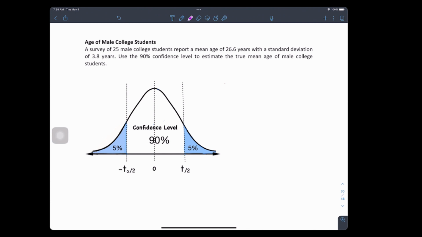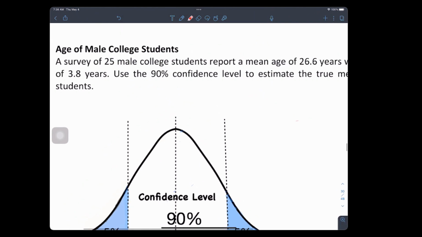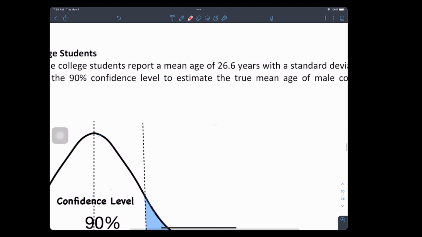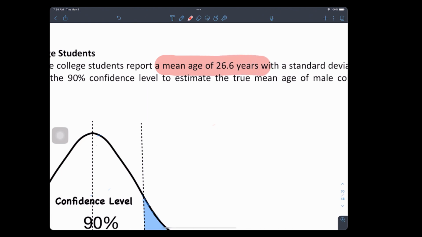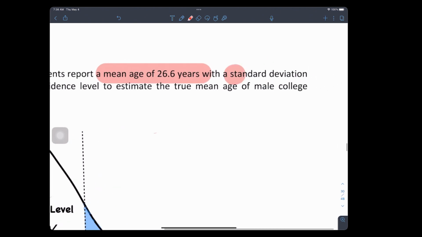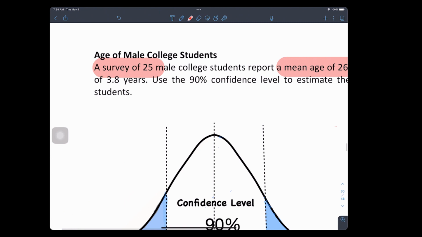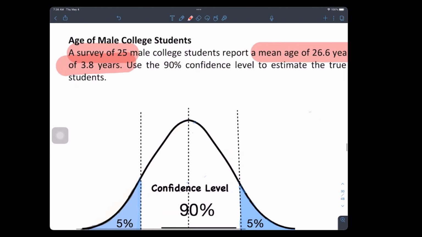And then, what about this question here? Okay, what is this question here? What does it say? A survey of 25 male college students report a mean age of 26.6 years with a standard deviation of 3.8 years.